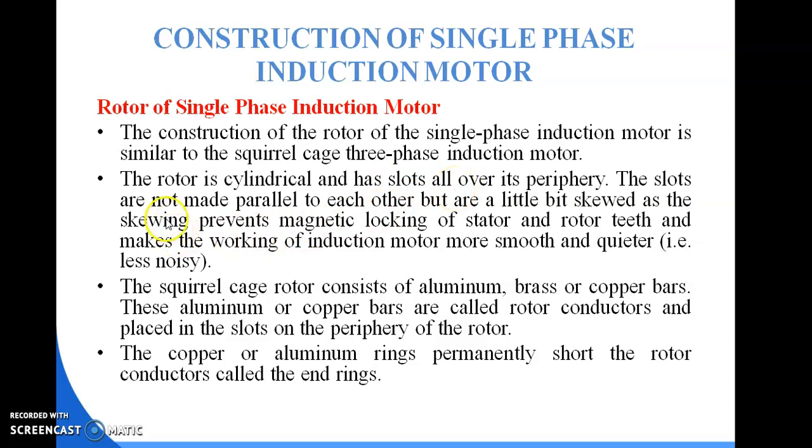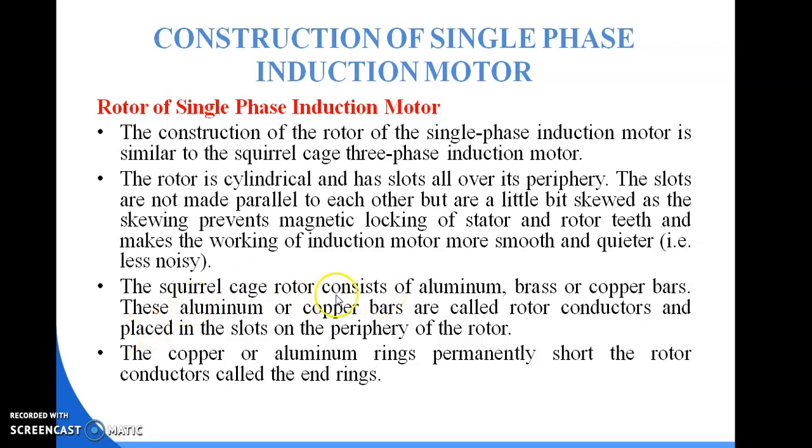The slots are not made parallel to each other but are a little bit skewed, as the skewing prevents magnetic locking of the stator and rotor teeth and makes the working of the induction motor smoother and quieter. That is, it makes the operation of the induction motor less noisy.